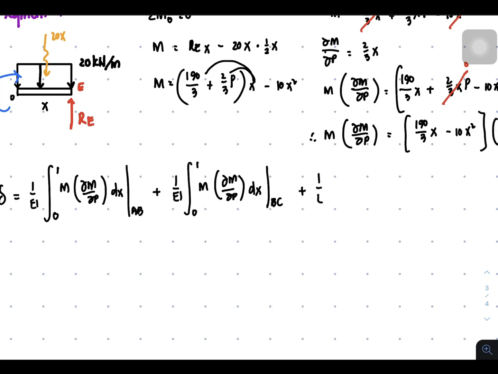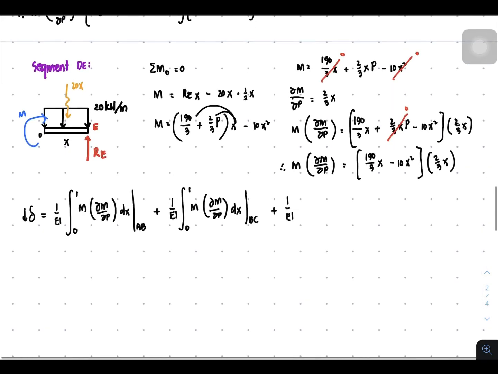And then plus 1 over EI. This is for the integral of m times the partial derivative of this function from C to F. This is 1 meter.